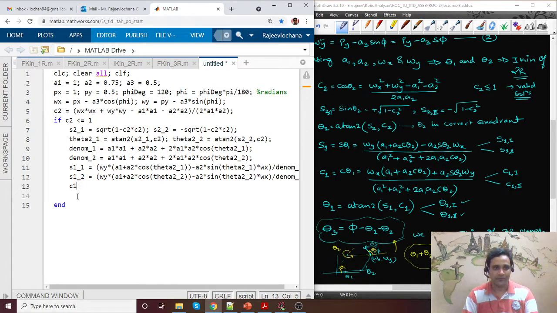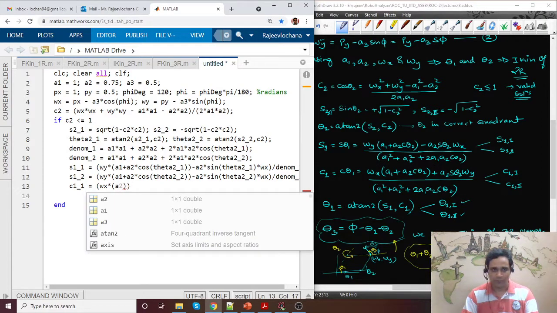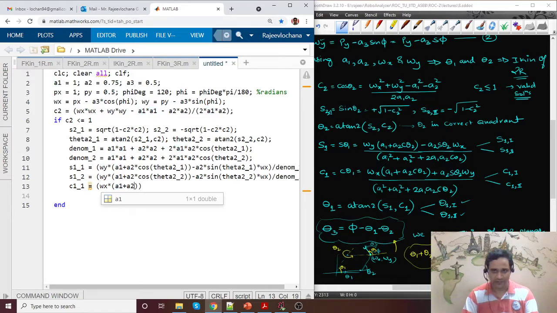Similarly we'll have the c1 underscore 1 term. Last time I had made a mistake here, so let me not do the same. I'm going to type this expression: Wx into, within bracket, A1 plus A2 into cos of theta 2 underscore 1, plus A2 into sine of theta 2 underscore 1 into Wy.